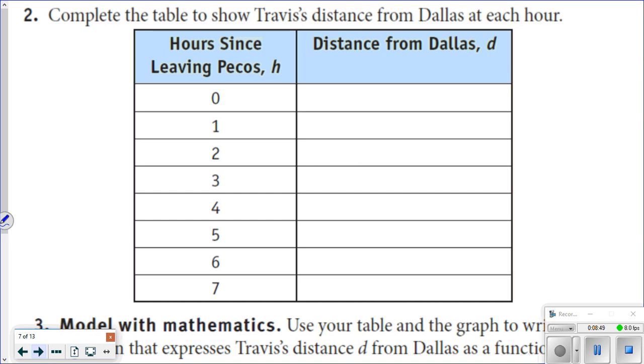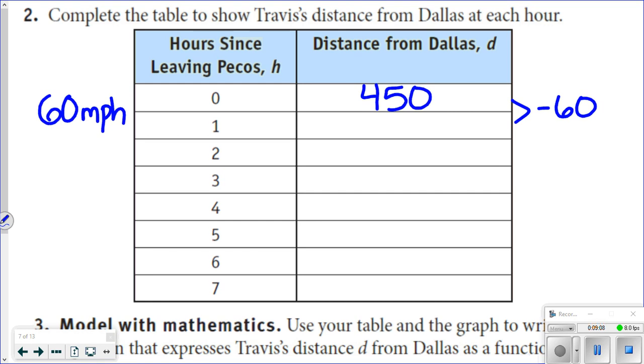What's the total distance he has to drive? 450. Well, he's driving how fast? 60 miles per hour. So in 1 hour, he's driven 60 miles, so we subtract 60 because we're 60 miles closer. 450 minus 60, we're down to 390.